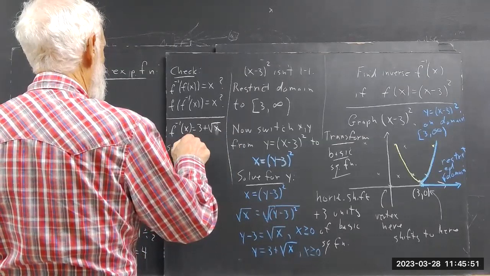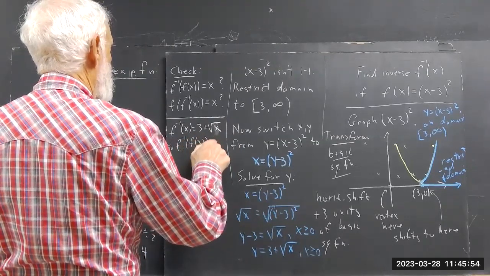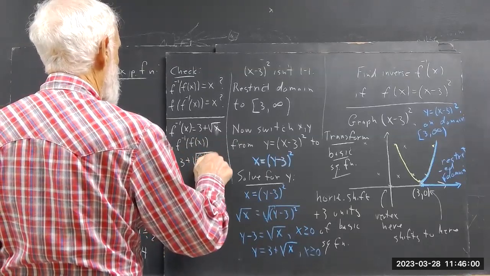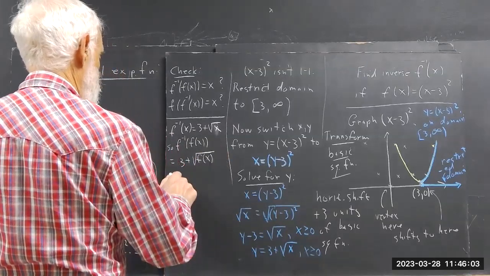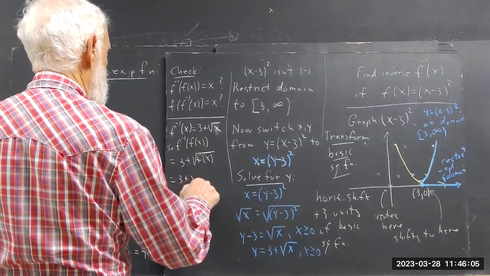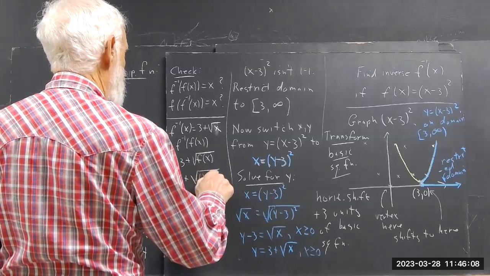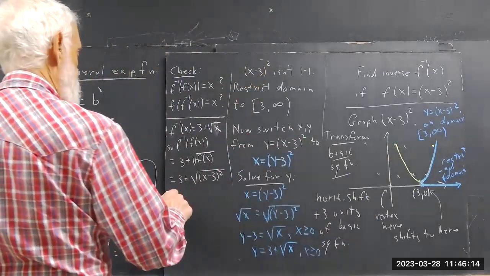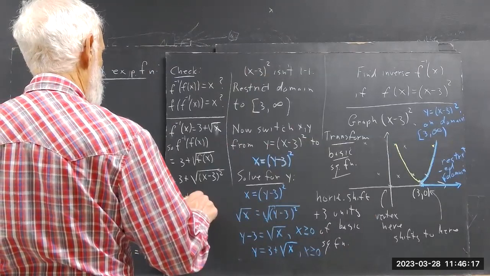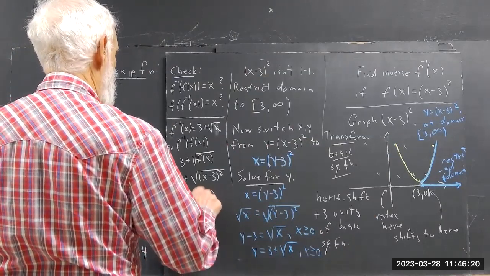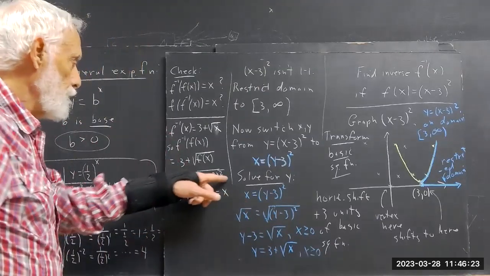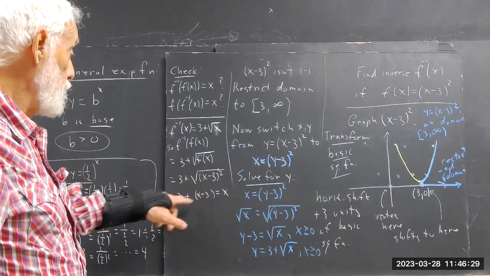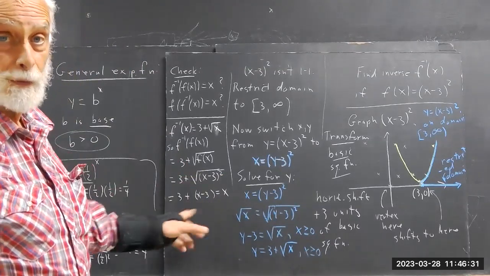So f inverse of f of x equals 3 plus the square root of f of x, which is 3 plus the square root of (x minus 3) squared, which is what f of x is. And the square root of (x minus 3) squared is just x minus 3. So 3 plus x minus 3 is just x, because 3 minus 3 is 0.